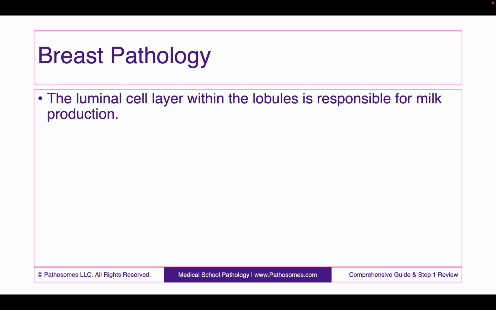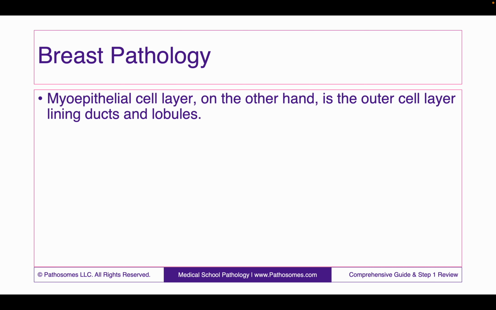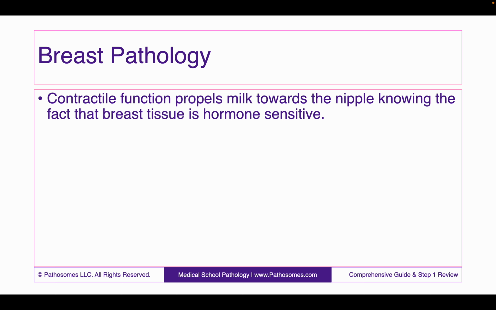The luminal cell layer within the lobules is responsible for milk production. The myoepithelial cell layer, on the other hand, is the outer cell layer lining ducts and lobules. Contractile function propels milk towards the nipple, knowing the fact that the breast tissue is hormone sensitive.